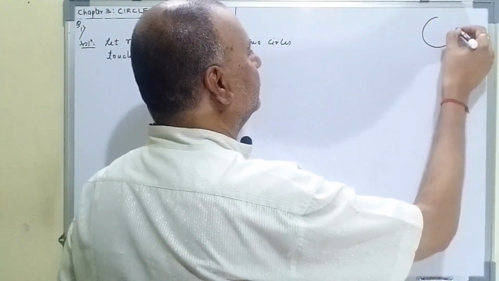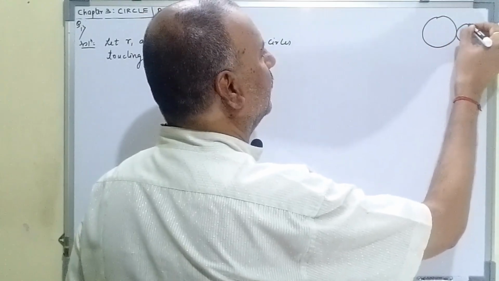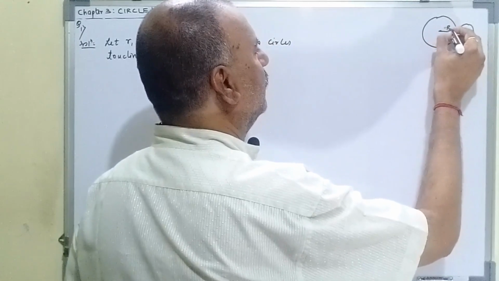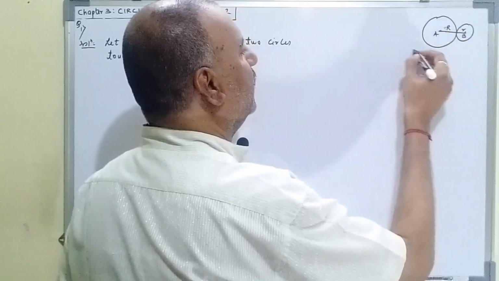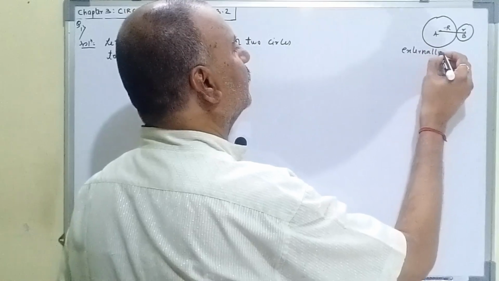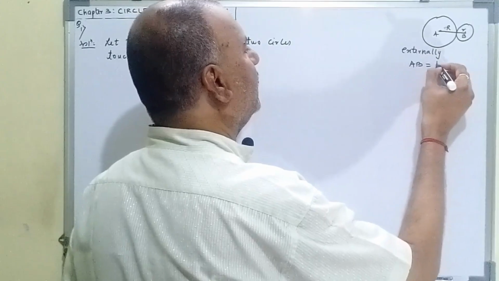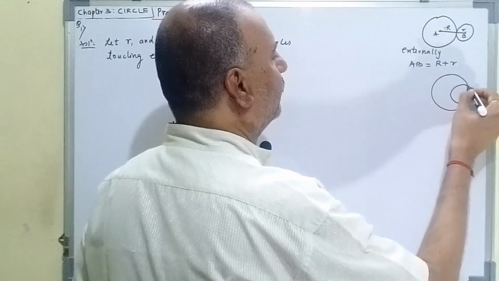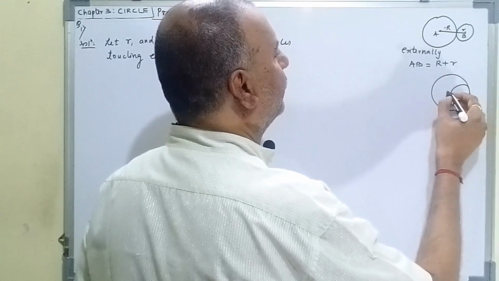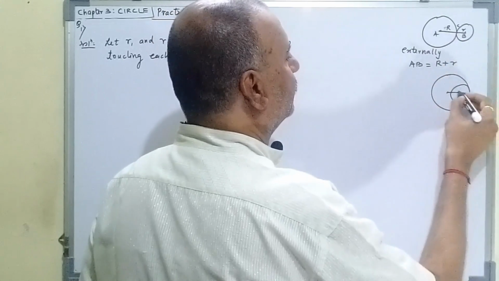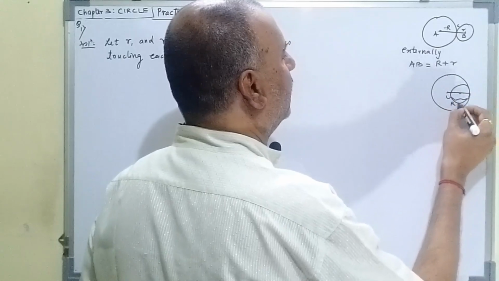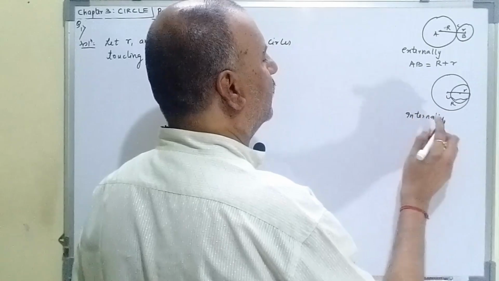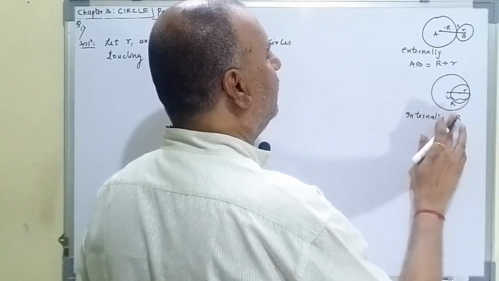समझो ये टू सर्कल्स हैं, और ये है अपना R1, ये कैपिटल R समझो, और ये स्मॉल r, ये एक्सटर्नली है, AB will be capital R plus small r. और अगर इंटरनली होता है, ये जो है कैपिटल आर, ये स्मॉल आर. इंटरनली, there is capital AB, sorry.